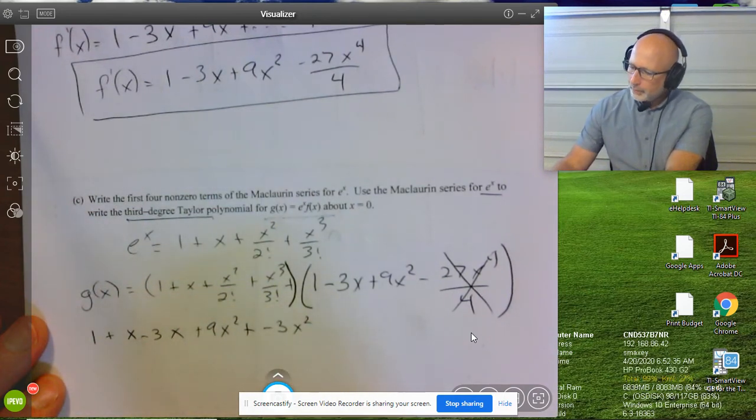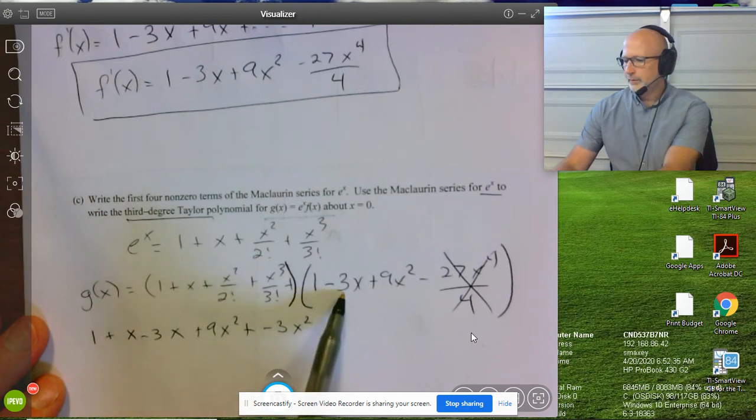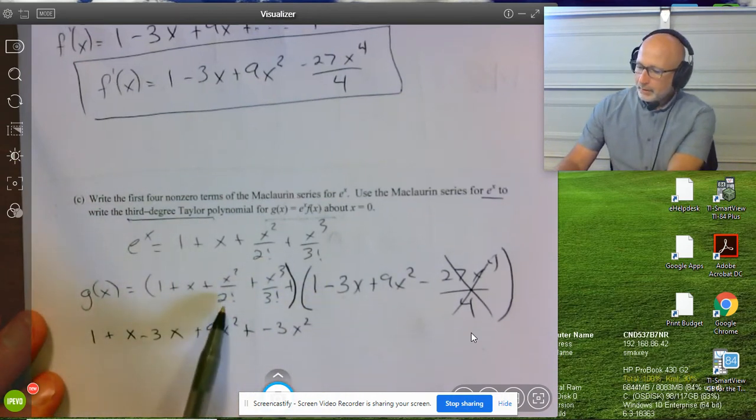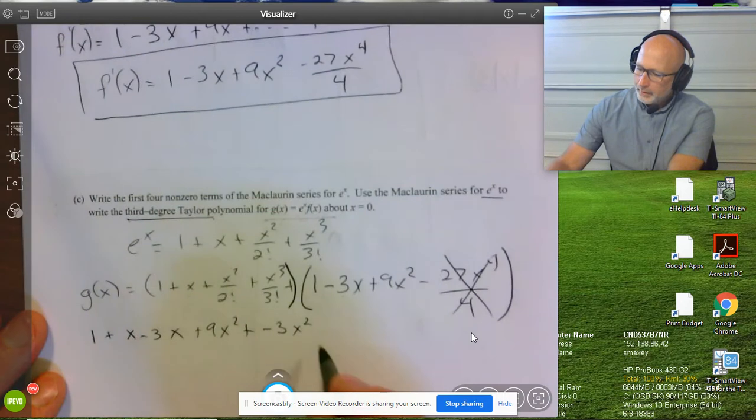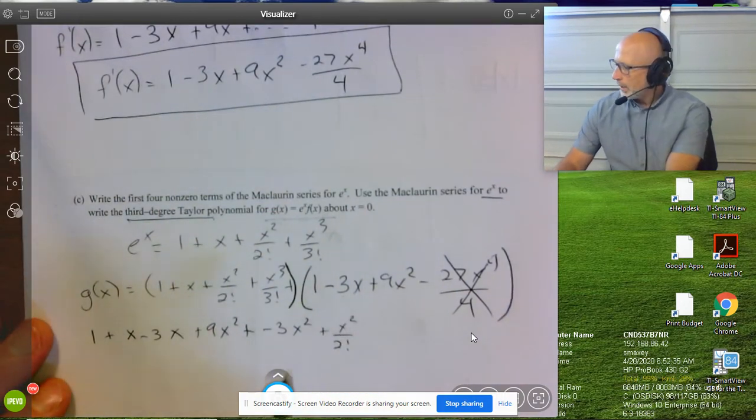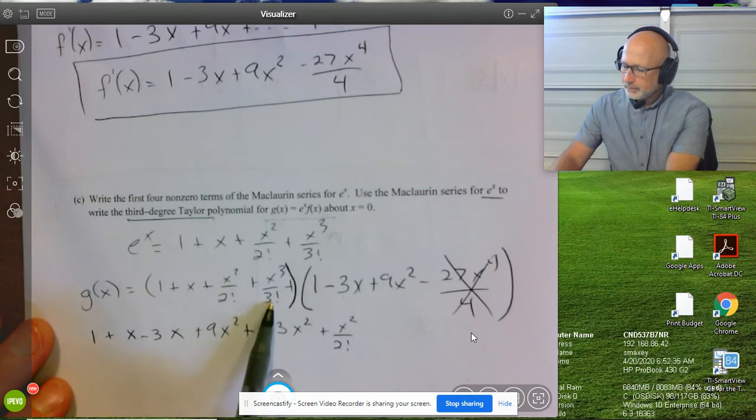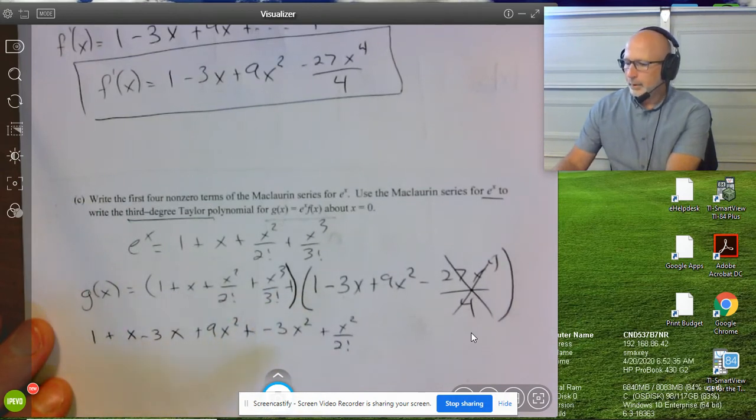And then the last thing I do is take this times the 1 to get plus x squared all over 2 factorial.